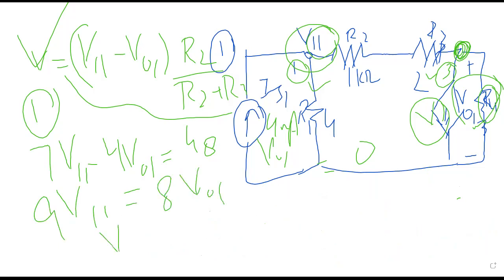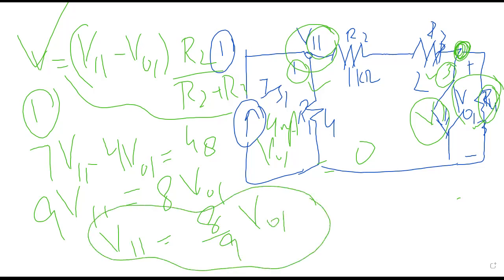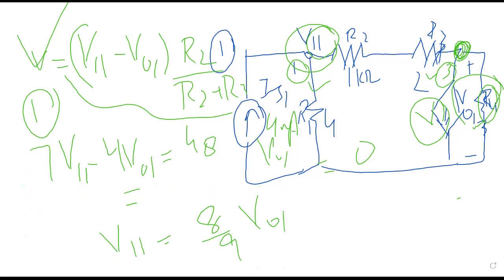So this means that V11 equals 8 upon 9 V01. Now putting this V11 value in my equation number 1. So for this, we have V11 equals 8 upon 9 V01.